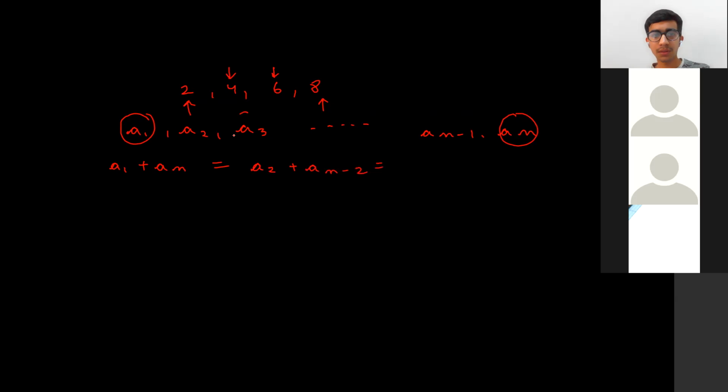This is equal to third and third last ka sum. Okay, this is a property of AP. Sum of all of these pairs are equal, so this goes up till n by 2 pairs in the AP. Yeah, this is again one property for an AP.